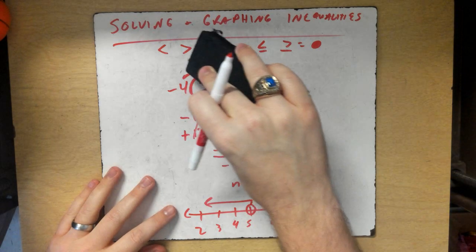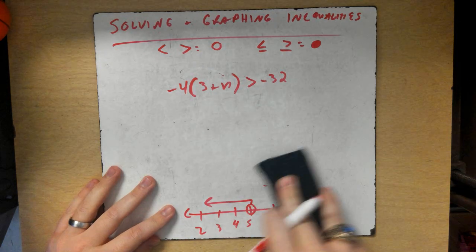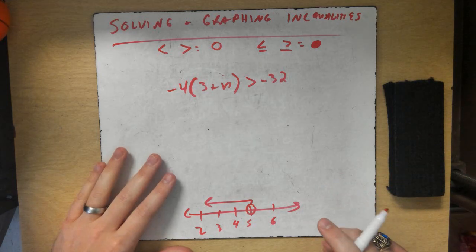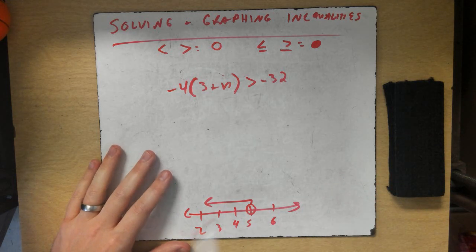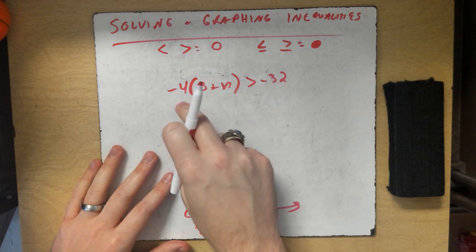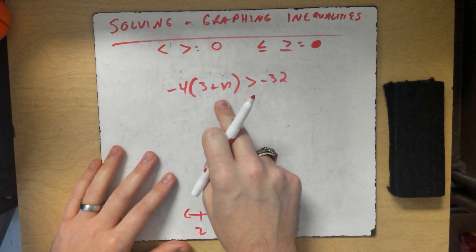Which is my personal way of doing it, the way I'm showing you now. So in the first step, instead of distributing the number into the parentheses, because this negative 4 is being multiplied by this whole thing, we can do the opposite of multiplication.